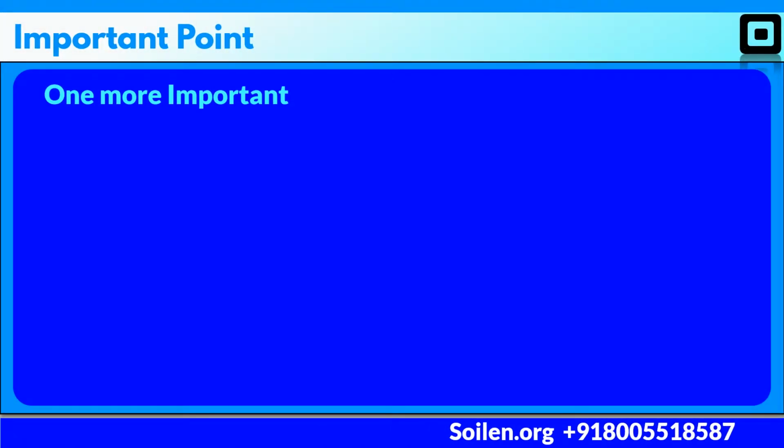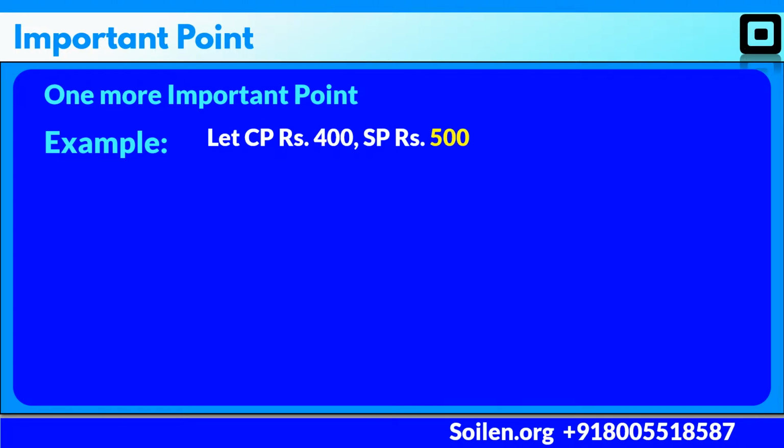Here, one more important point. We will understand by this example so that you can understand the concept completely. Let cost price is 400 and selling price 500. Selling price is 125% of the cost price and profit is 25%.